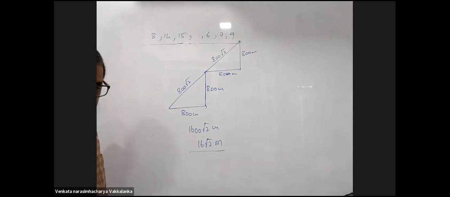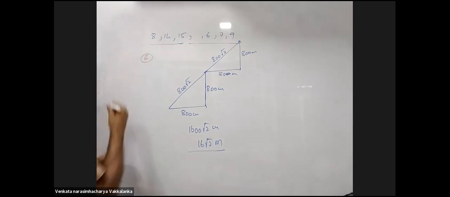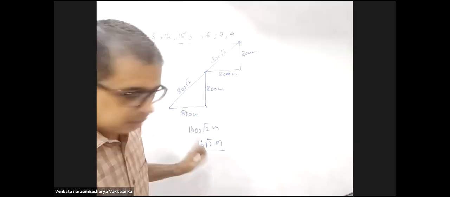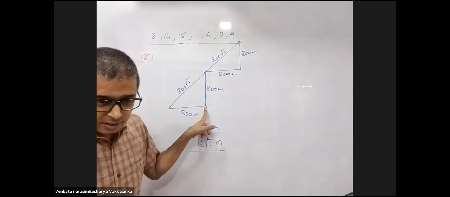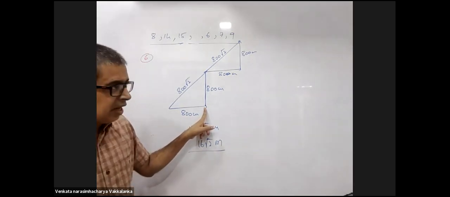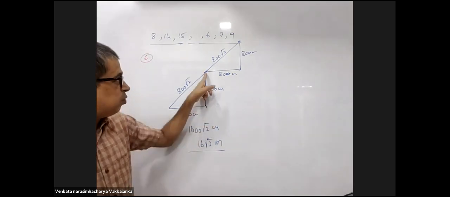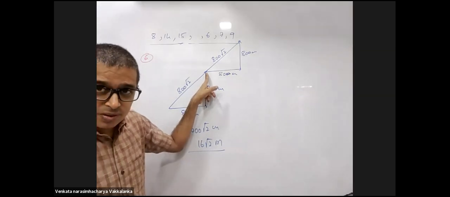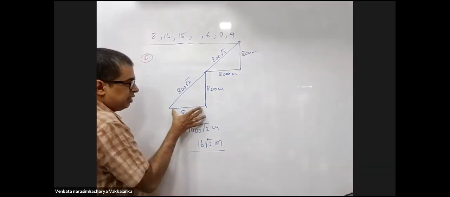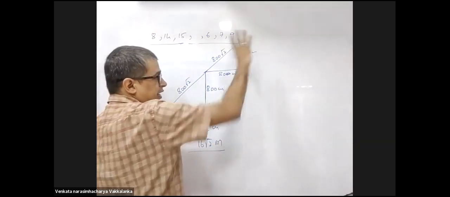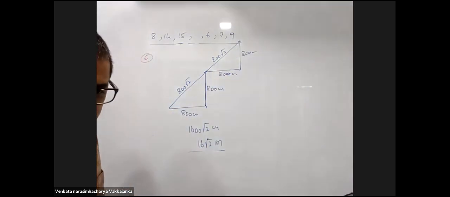Sir, I didn't understand this question. He walked 10 steps in one direction, then turned arbitrarily by 90 degrees, walked another 10 steps. That way he covers a total of 40 steps: 10, 10, 10 and 10. Okay, sir. So after that first 10, we don't have to take the total as 50.